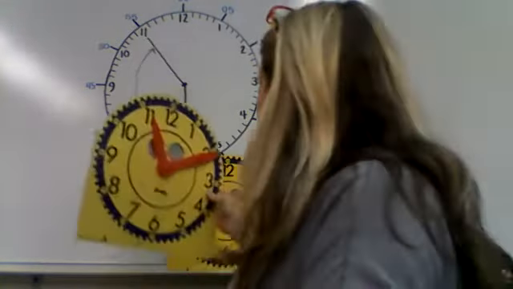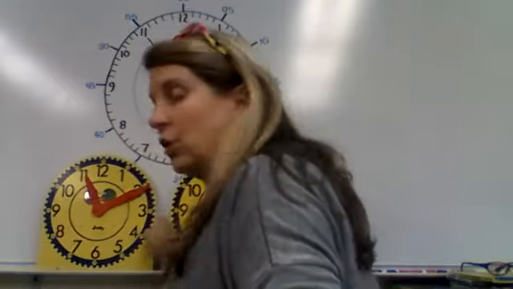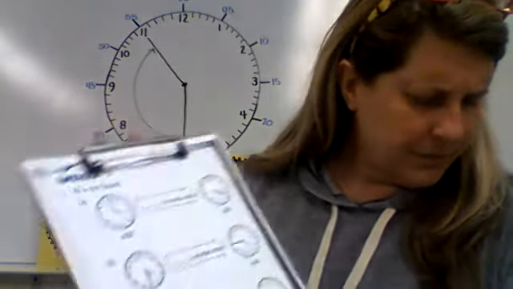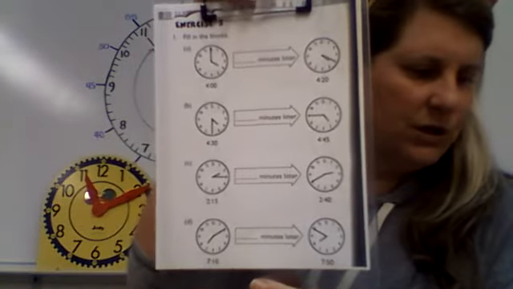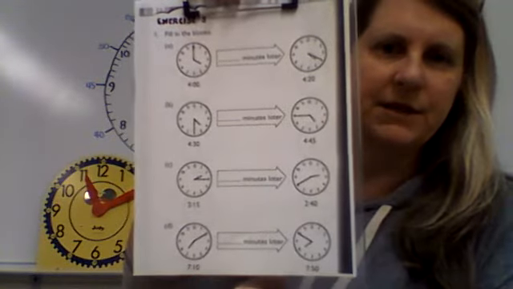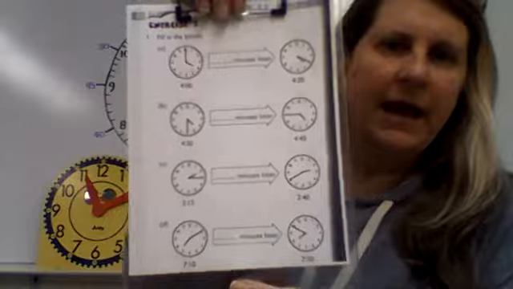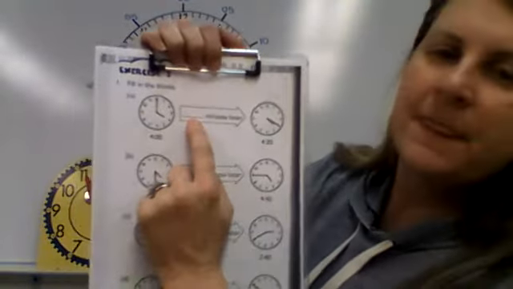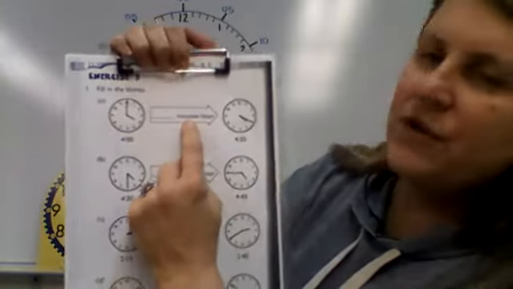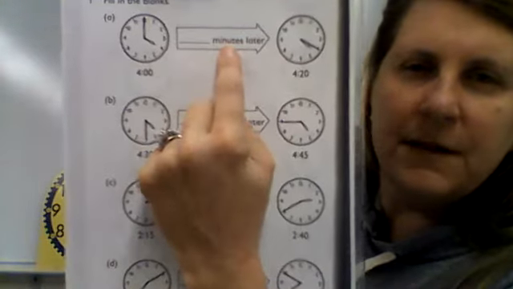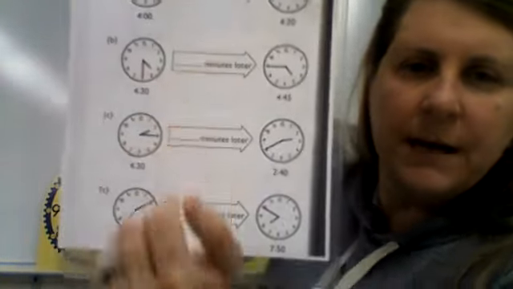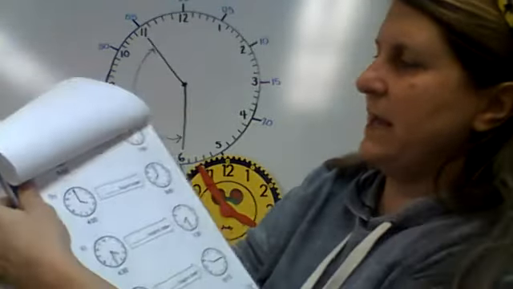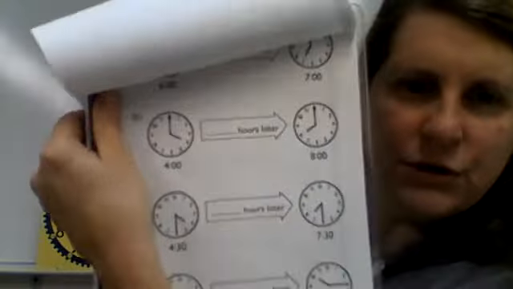All right, now we're going to look in the workbook at page 126. Looks like this. And for each one, it tells you whether you're telling how many minutes has gone by, or on the next one, how many hours has gone by.